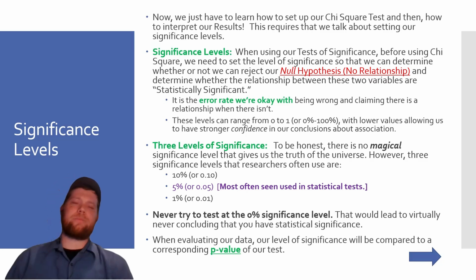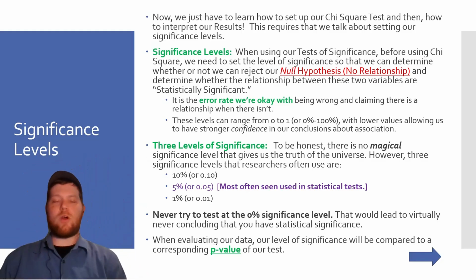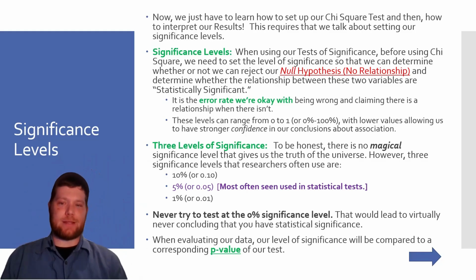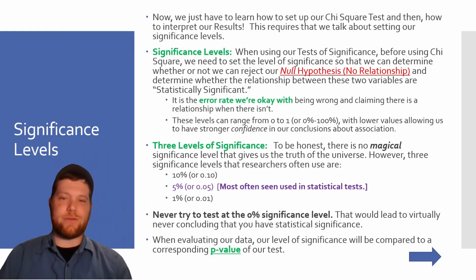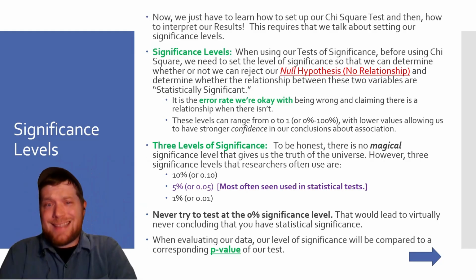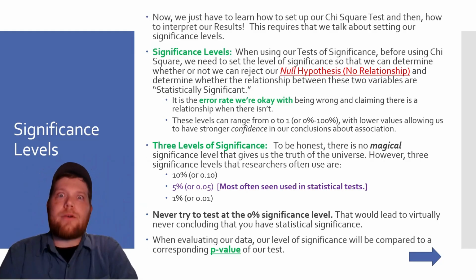But no matter what you end up choosing for your own personal preferences, you never try to test at the 0% significance level. This virtually leads to never concluding you have a relationship or statistical significance. The reason is that because we're getting a sample instead of a population, we're going to have some error in it.